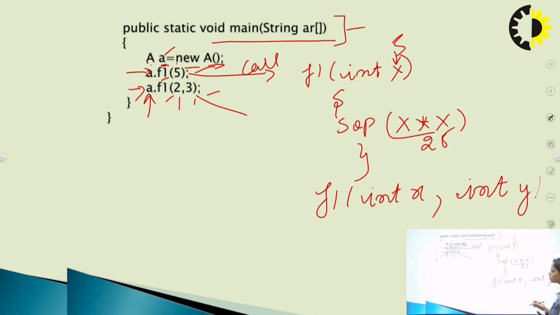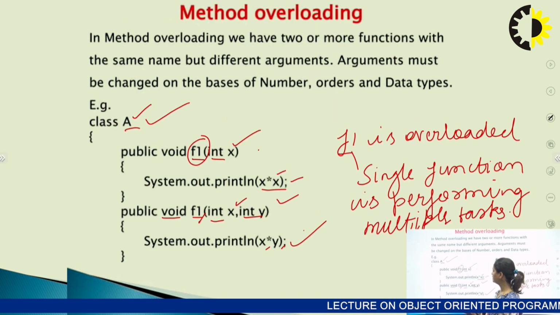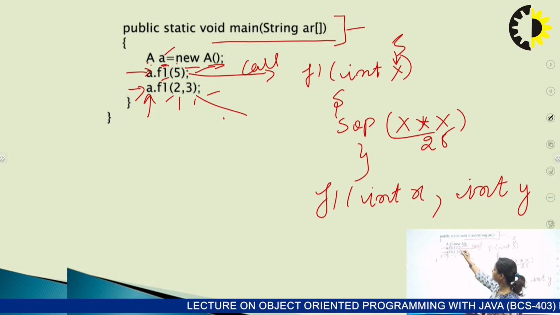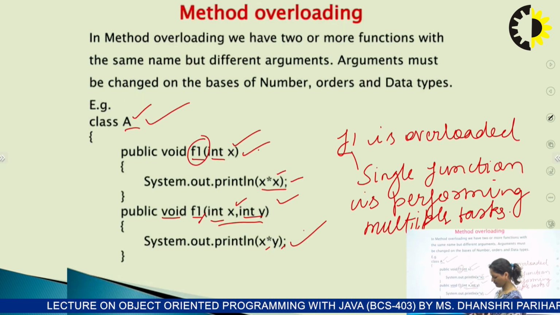So the calling is done in the same way the functions are declared. As the second one is having two values, it will call the second function in the previous slide, this one having two parameters, and the single parameter will call the single parameter function f1, the first one.